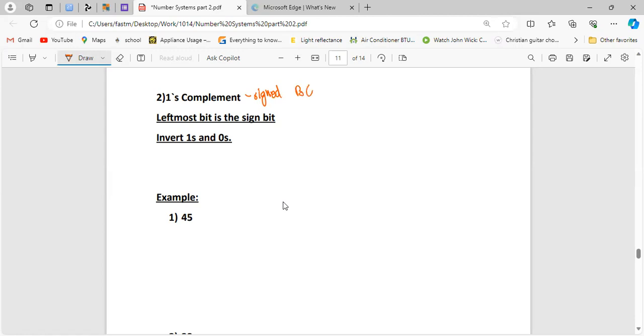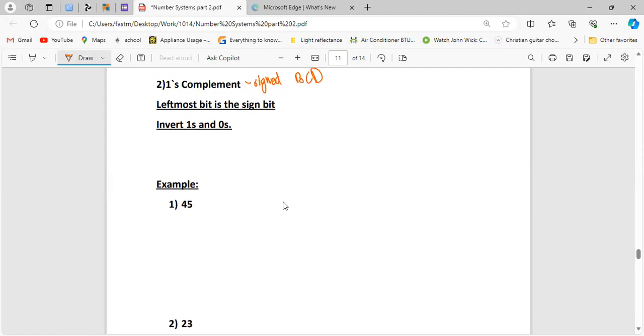So for 45, if I wanted to get the ones complement, same thing as before, we convert first. What do we need? 1, 2, 4, 8, 16, and I think 32. I think that's enough to get 45. So 32, plus 8 is 40, plus 4 is 44, plus 1, which is 45.